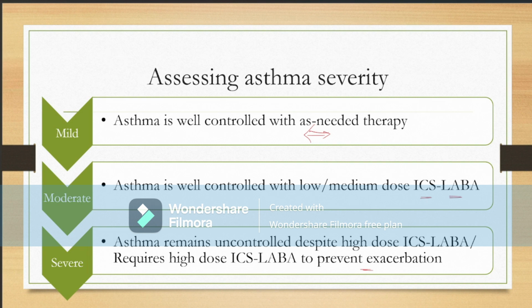But the exacerbation is controlled after taking high dose of inhaled corticosteroid and LABA. Then we call the child as having severe asthma. So asthma severity is always assessed after giving the treatment for more than 2 weeks. This is a new change done in the GINA guideline.